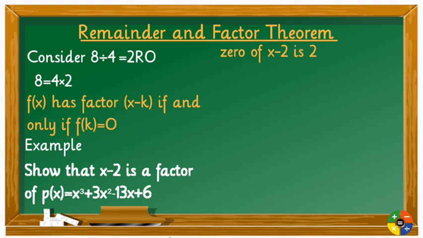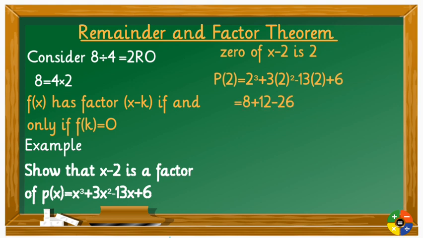We substitute positive 2 into p of x, obtaining, simplifying, we get plus 12 minus 26 plus 6, which is equal to 0. Hence, x minus 2 is a factor of p of x.